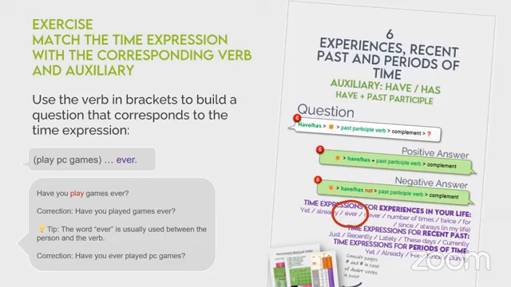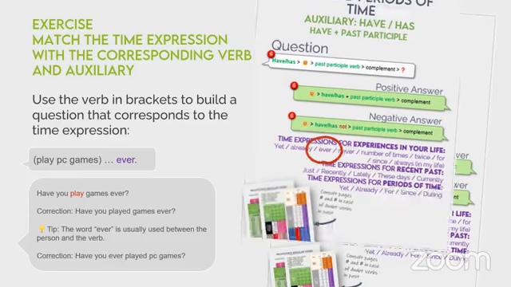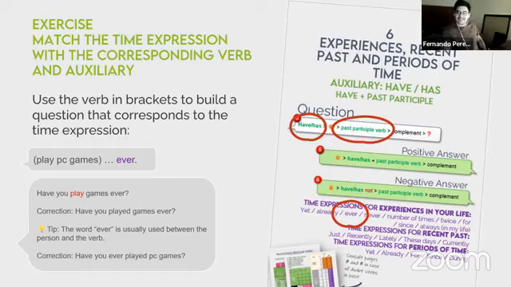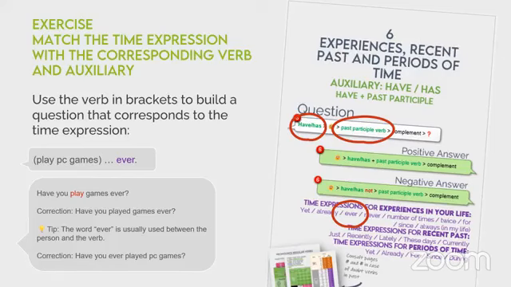Yes, teacher. In this case, we could build a question or a positive answer or a negative answer if we have any of these time expressions: yet, already, just, recently, etc. Exactly.